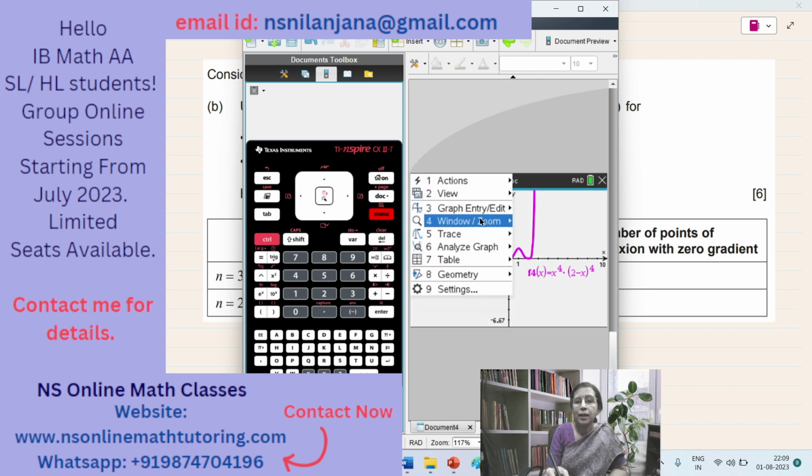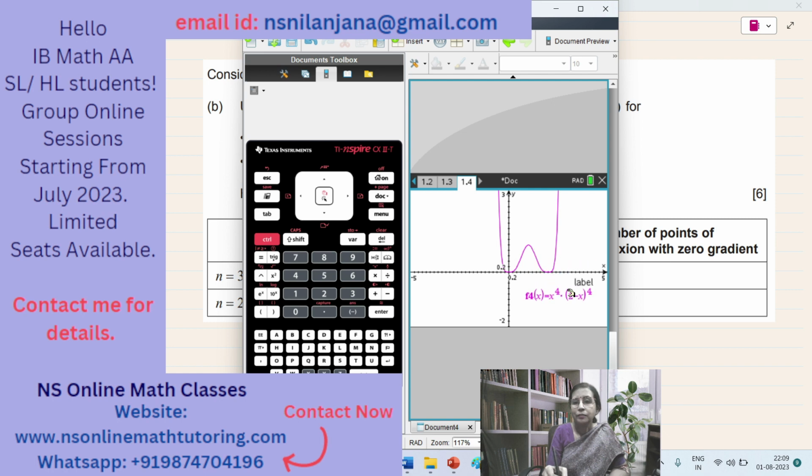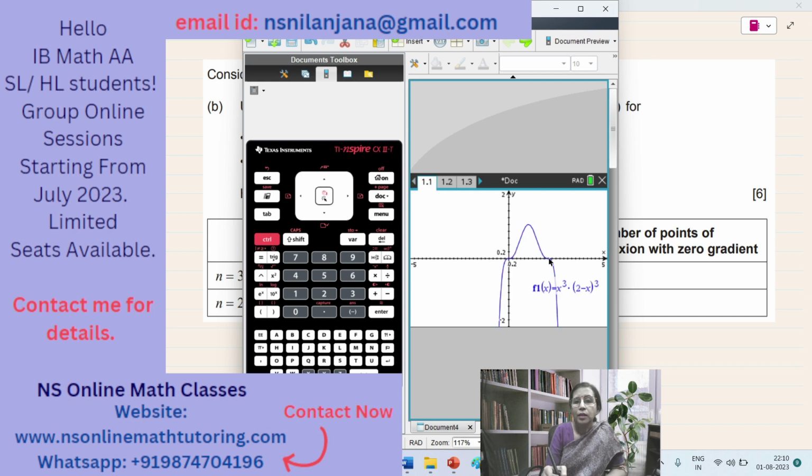Again I have to change the settings. -5 to +5, and this one is -2 to +3. Better. Okay, now that we have got the 4 graphs, let us go to this one. This one is for n equal to 3.